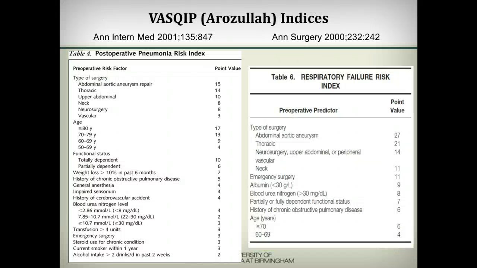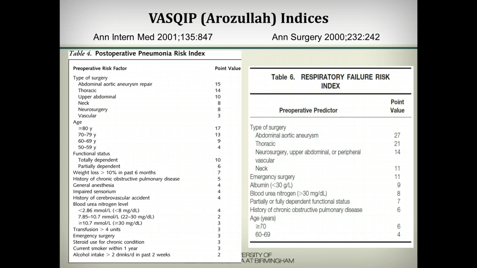Now, there are older indices that have been developed. A colleague of mine, we were Gen Med Fellows together, Arozullah, developed one using the VA Surgical Quality Improvement Project databases, with two prediction rules, one for pneumonia and one for respiratory failure. I included it here. You can see it's much more complex than the Gupta tools.